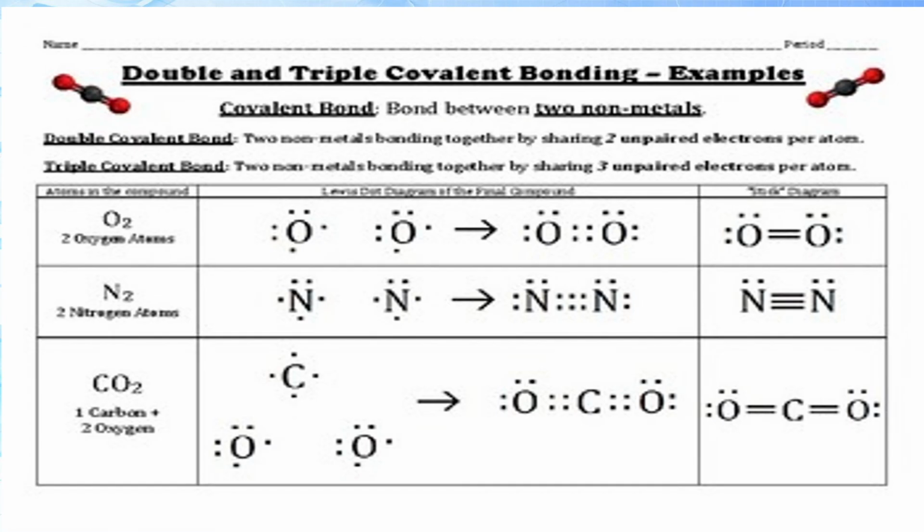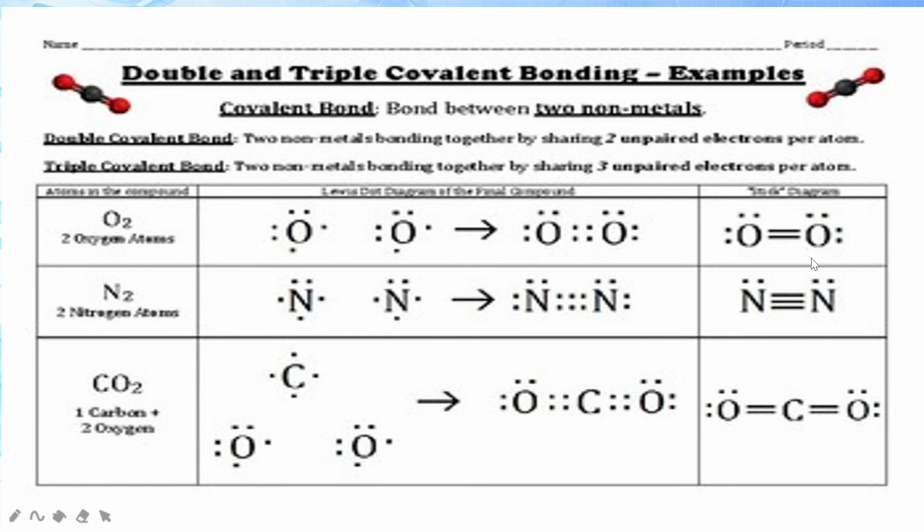How about another one? We have the double and triple covalent bond. This is single covalent bond. This is double covalent bond. The oxygen. Oxygen has 6 electrons. So in order to become stable, they have to share electrons with each other using a double bond. So now this will become the product, 2, 4, 6, 8.